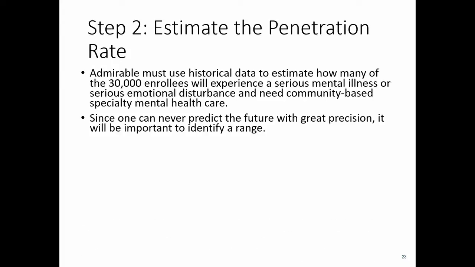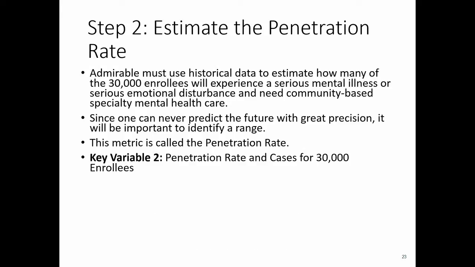Since one can never predict the future with great precision, it's important to identify a range of penetration rates. And this metric is called penetration, the percentage of people that are going to receive care.